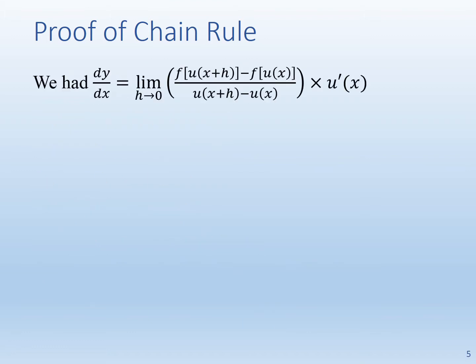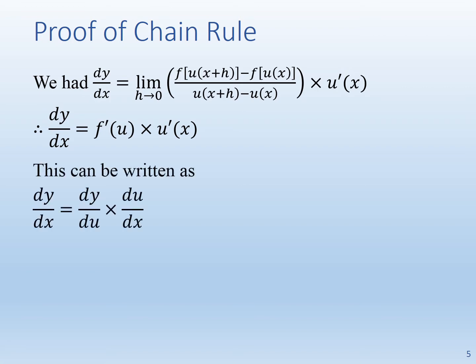So we've got the dy dx is equal to the limit of that first term that we've just been working on times the derivative of u, as we saw earlier. And so we can write that as dy dx is the derivative of f of u times the derivative of u with respect to x.